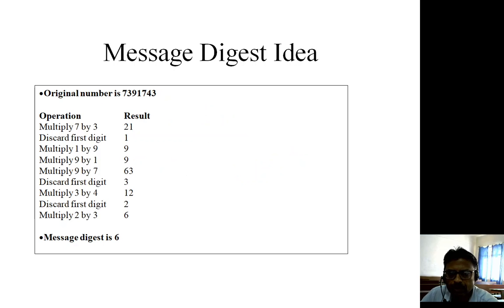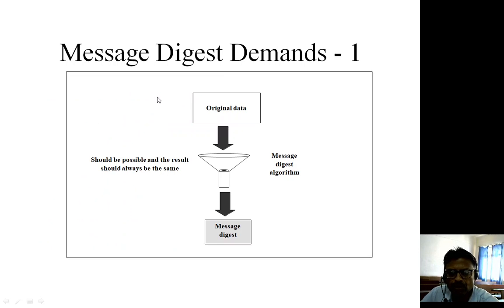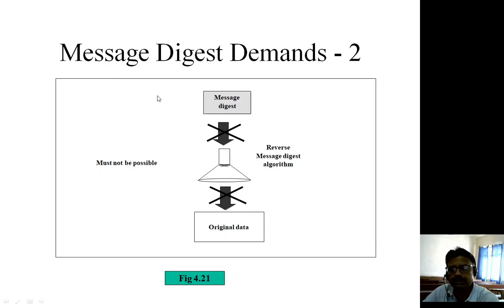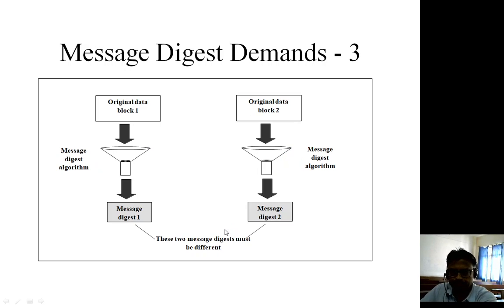For example, 7397743 gives the message digest value 6. But if you know 6, you are unable to derive the original number, 7391743. So the message digest algorithm must have the property that even if you know the message digest, you are not able to get the original information.